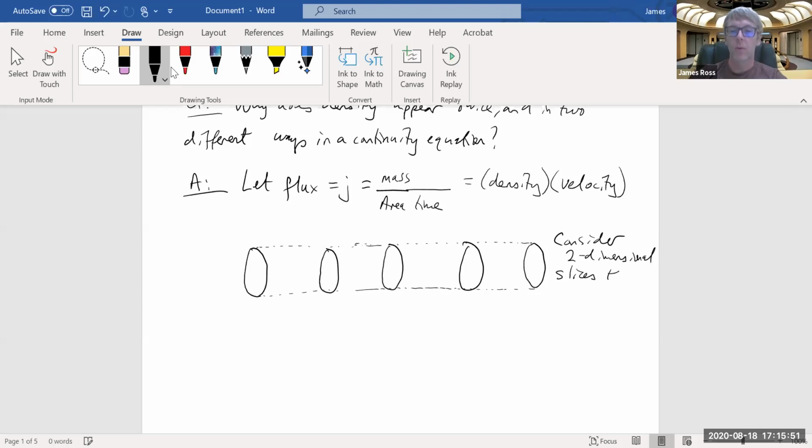That's what we're looking at in my little visual to the left. We're going to number them 1 through 5. So slice 1, slice 2, slice 3, slice 4, slice 5.